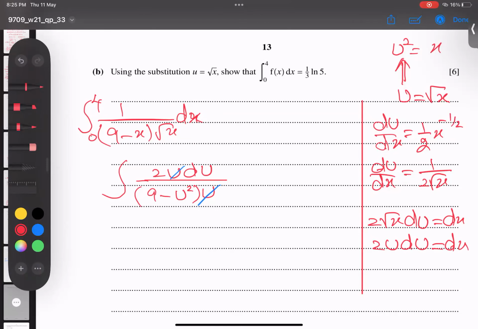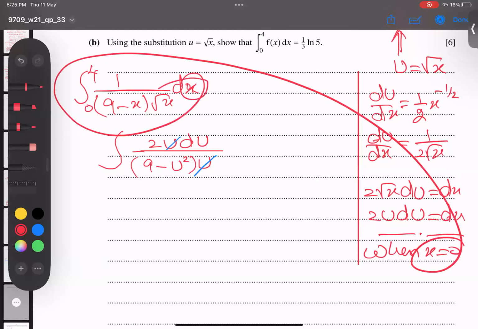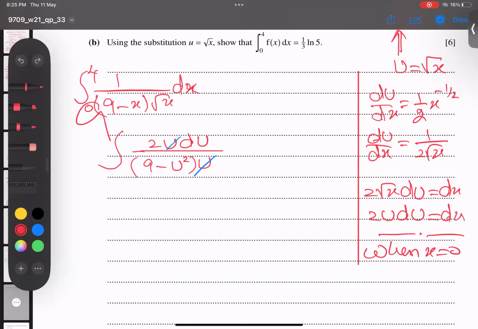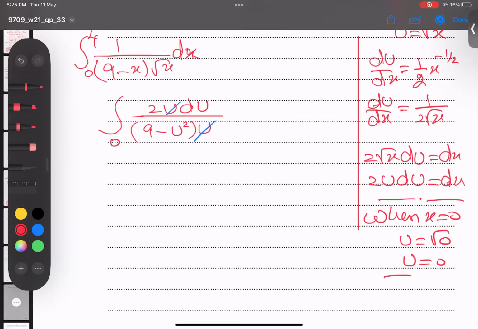And what about limits? So we converted everything but limits left. We say that when x is equal to 0, because the whole question is in x form, this 0 coming from there, and this 0 we will plug in here. So u is equal to root of 0, becoming 0. So here 0. Lower limit is confirmed 0. What about the upper limit?